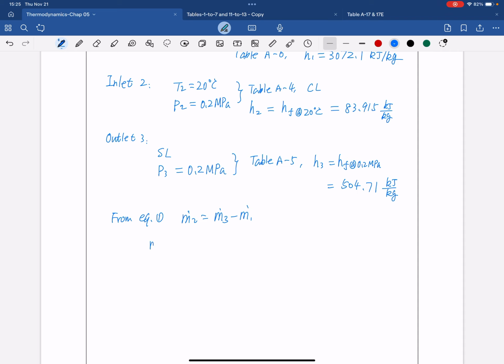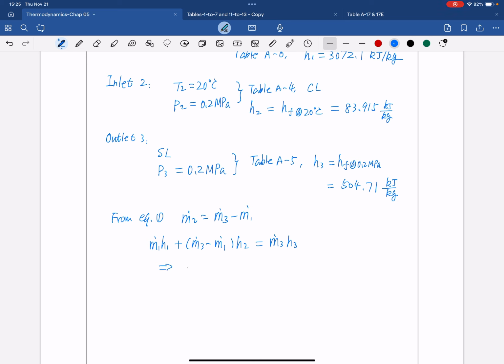We will get m1 dot h1 plus m3 dot minus m1 dot, that is m2 dot, times h2 equals m3 dot h3.